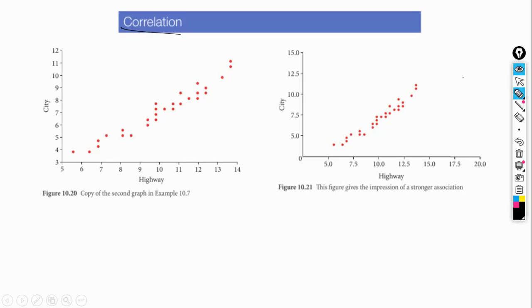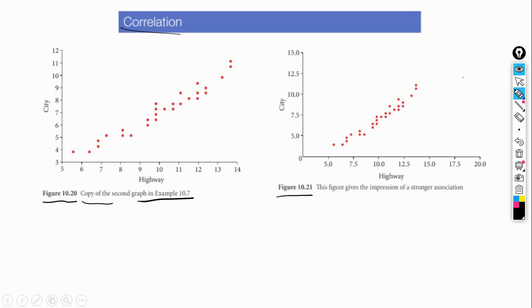Take a look at these two scatter plots. Figure 10.20 is simply a copy of the graph in example 10.7. Now take a look at figure 10.21. It gives us an impression that the association is stronger than it is in figure 10.20. However, this is simply a trick.